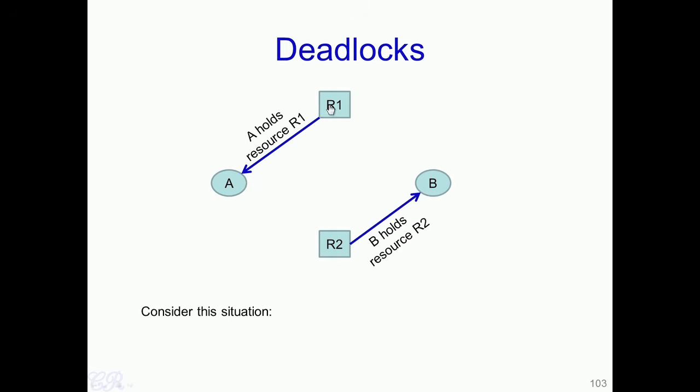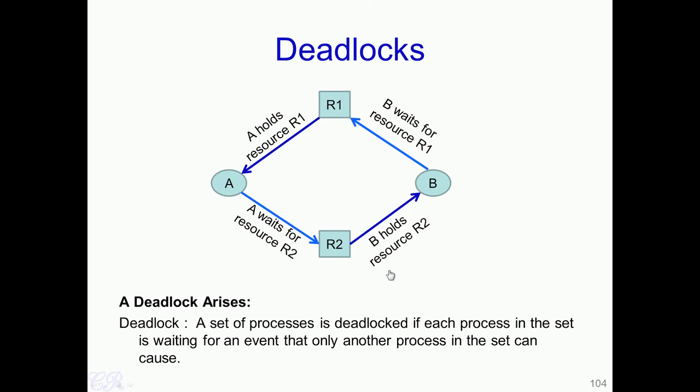For instance, if R1 is a file, that means A has currently opened the file exclusively and is doing some operations on the file. In a similar way, the resource R2 is held by B. If R2 is a printer, it means that B is currently using the printer to print some particular document.